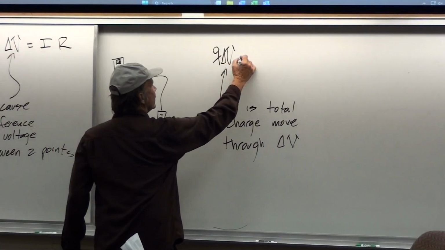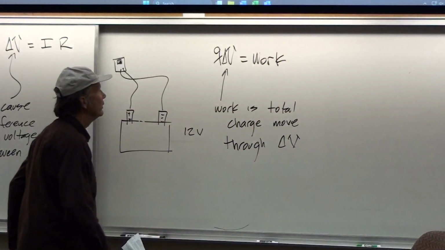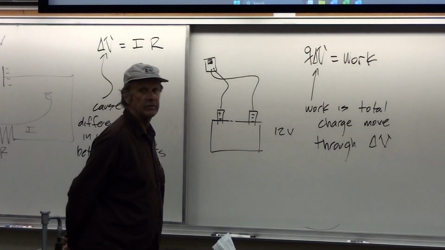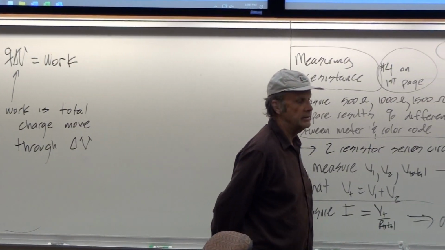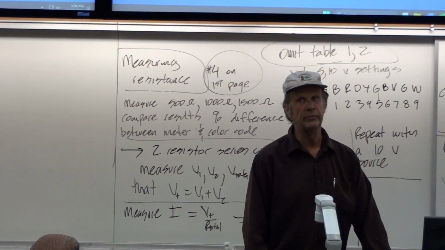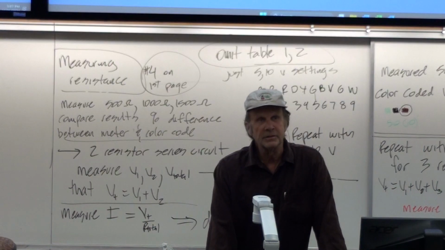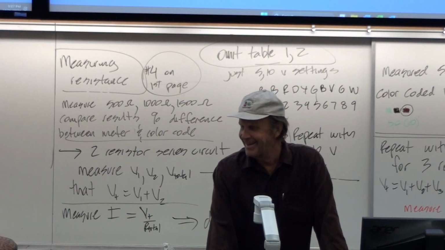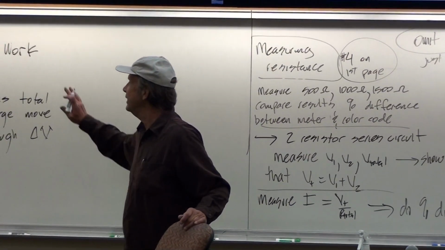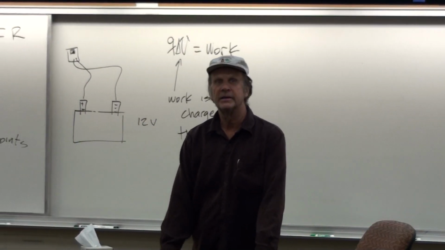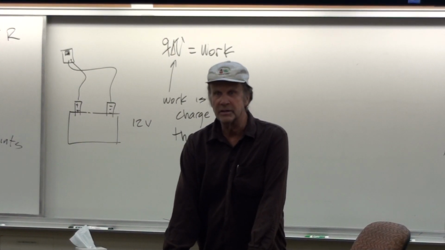Okay. And so we're interested in that, of course, with electric circuits, because electric circuits can do work. And that work is important in a whole wide range of applications. Probably, I don't know, 80% of our technology is based on this kind of work that is done by electricity.